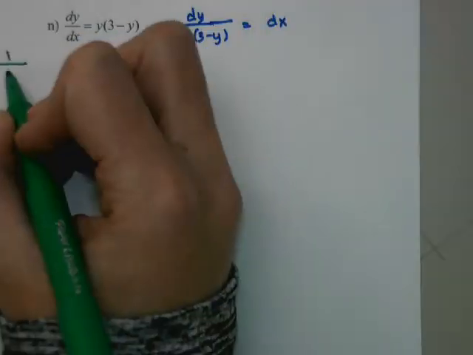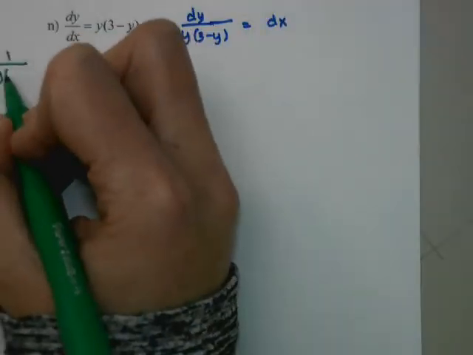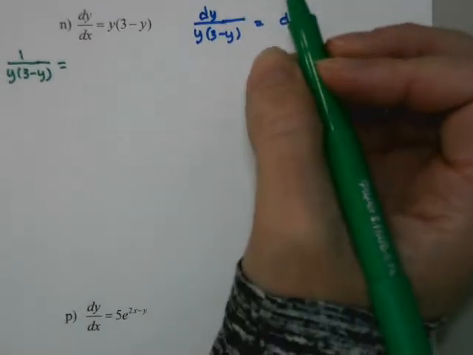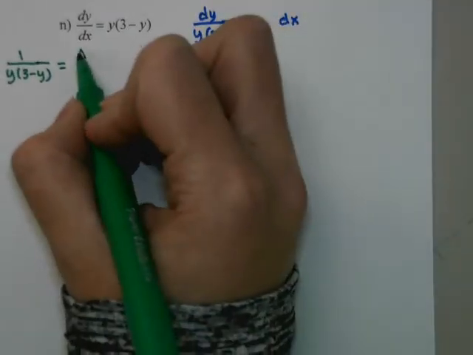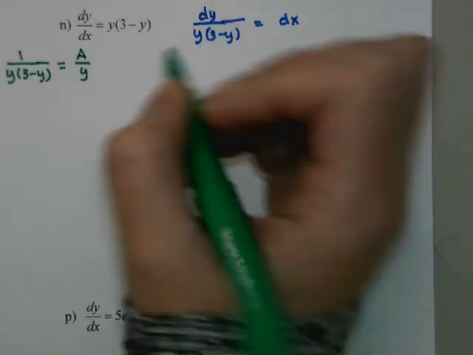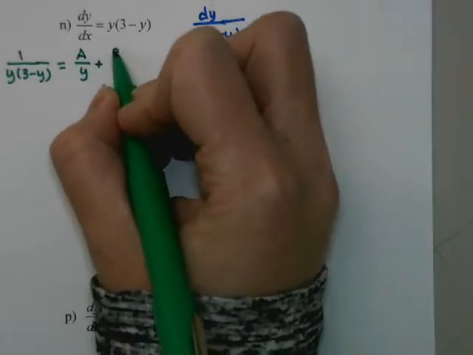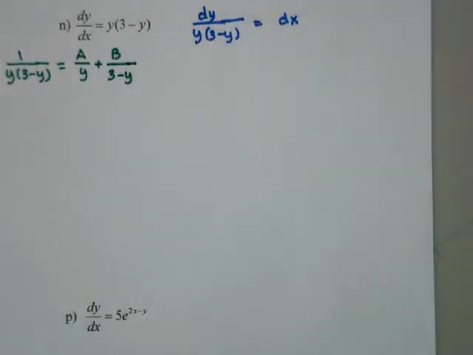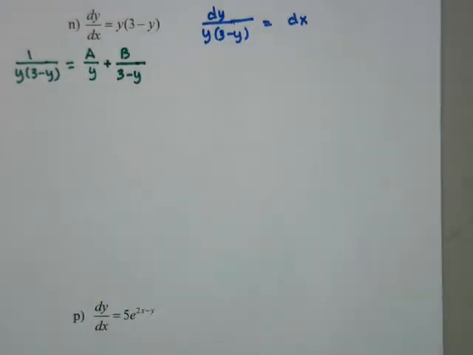So 1 over y times 3 minus y is going to equal some number I'm going to call a over y plus some number we're going to call b over 3 minus y. So remember, partial fractions is just a strategy for undoing the common denominator and separating out those fractions.